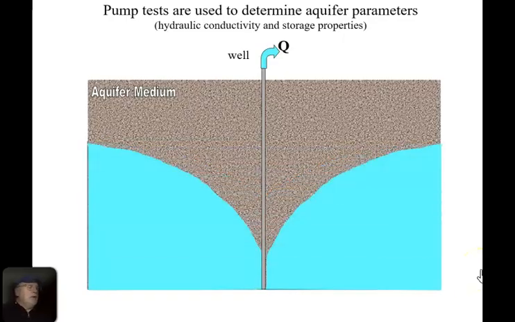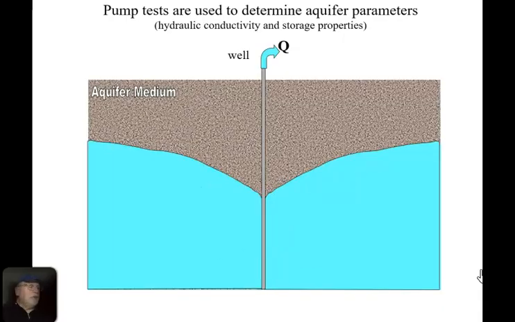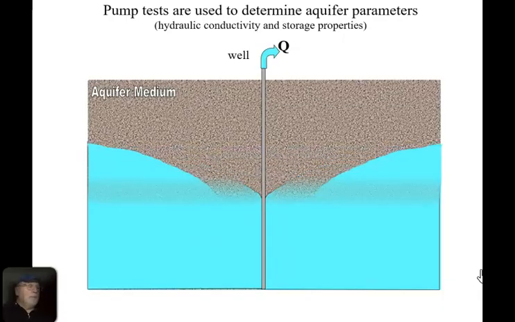We did the equilibrium case, but it actually takes a while to get there. To determine the storage properties, we need to know the drawdown with time. As we said with equilibrium, we start out with an initial head, and then we have the head after drawdown. Now it's going to change with time again.